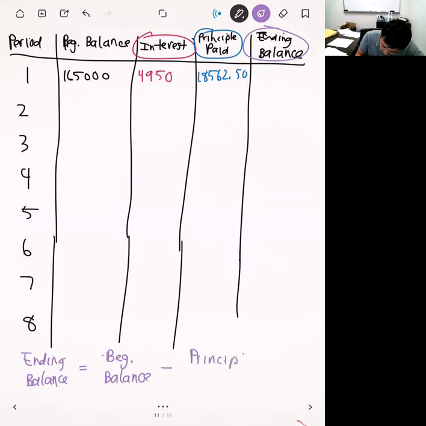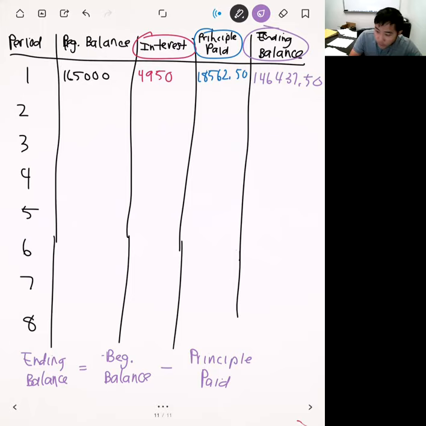In this case, we started with a balance of 165,000, we subtract our principal paid of 18,562.50, and we get an ending balance of 146,437.50. That's how much you have left on your loan after the first payment period.